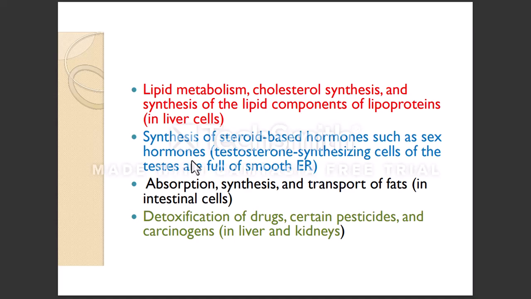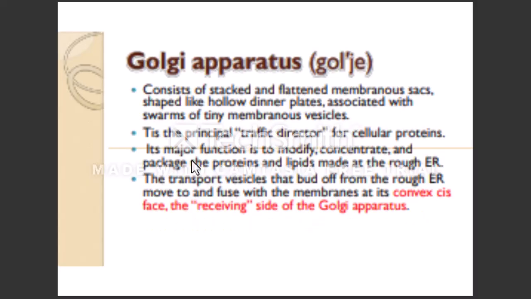A, they'll put rough endoplasmic reticulum. B, nucleus. C, this. So you should know that it should be the smooth endoplasmic reticulum, because what produces lipids, which does lipid metabolism, is the smooth endoplasmic reticulum. Now it also functions in detoxification of drugs, some pesticides, and even some carcinogens at the level of the kidneys and even in the liver.